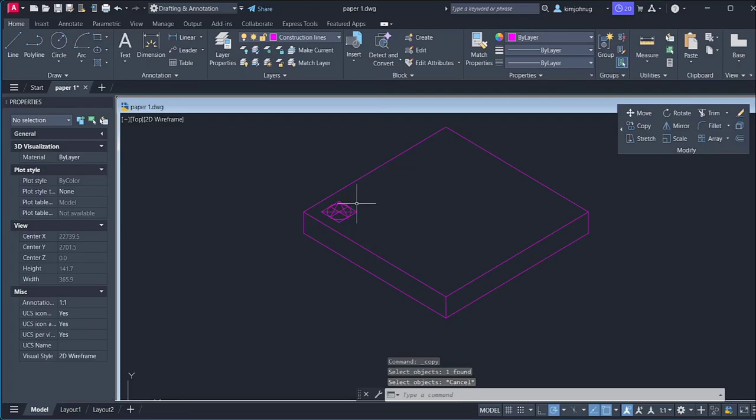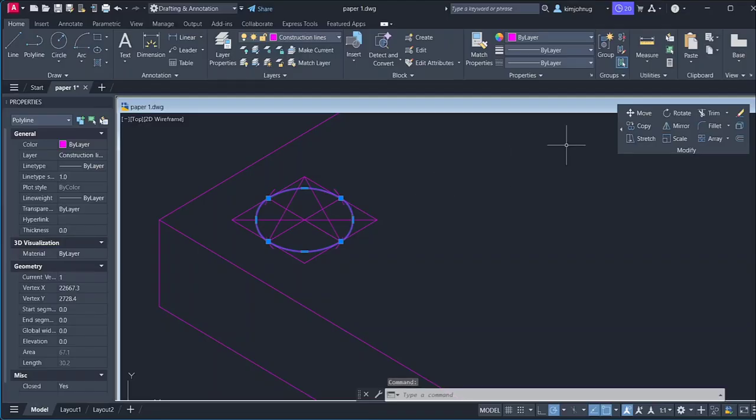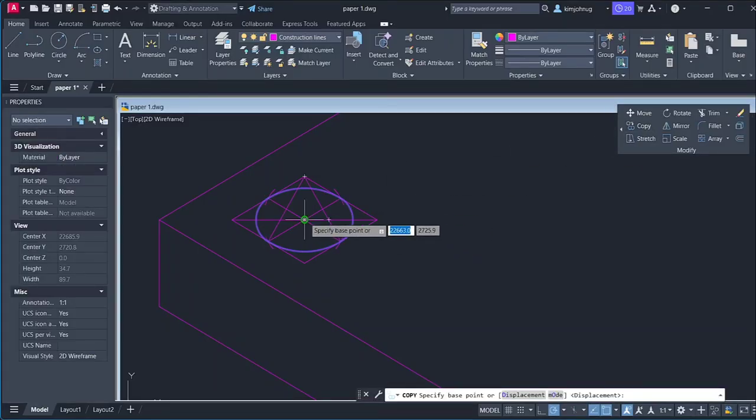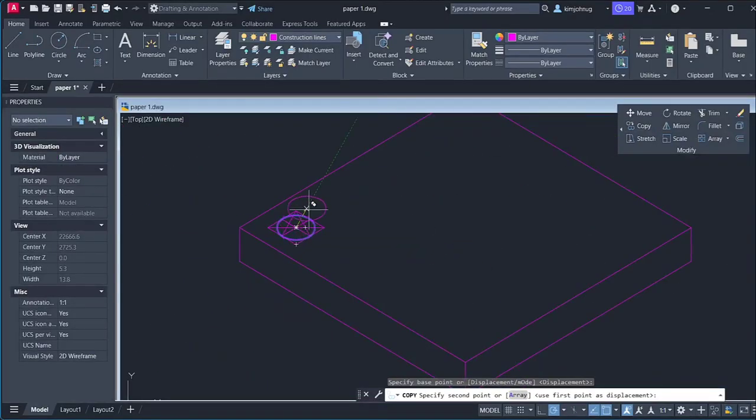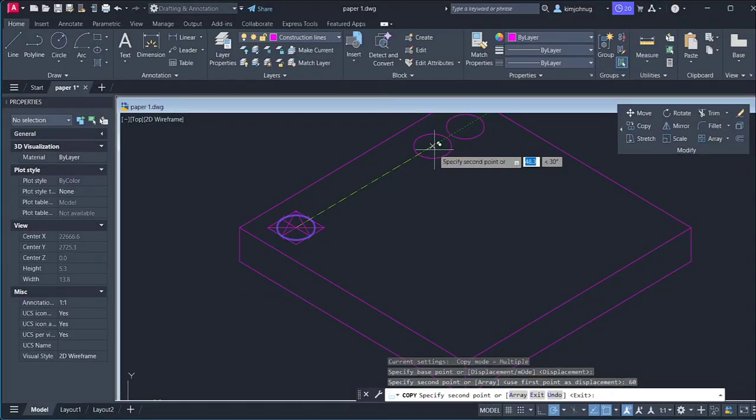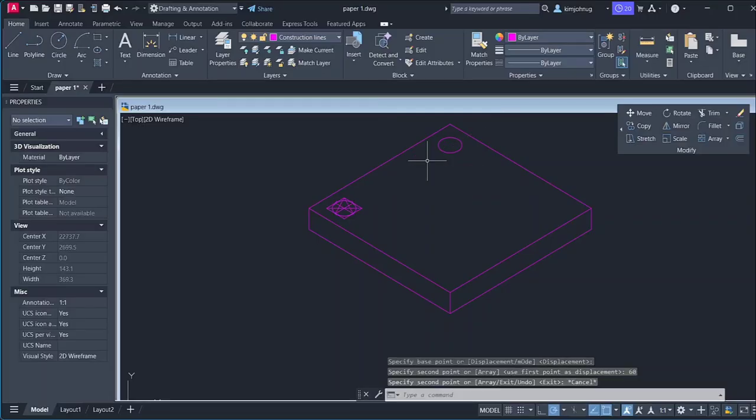So 80 minus 20, the distance between them has to be 60. I'm going to copy it with the distance. So let me specify the distance, 60. So now that circle has been copied a distance of 60.